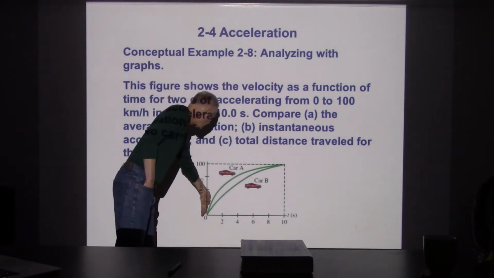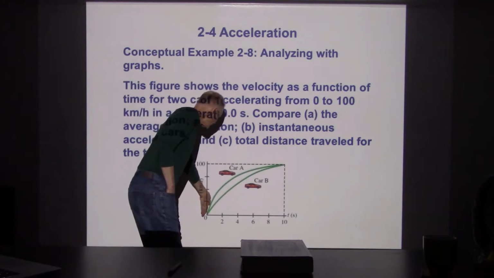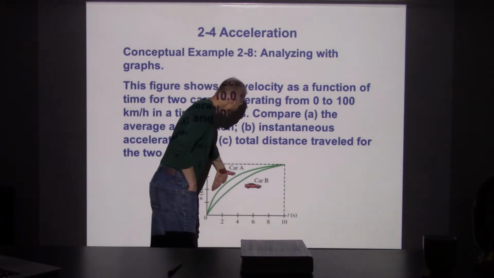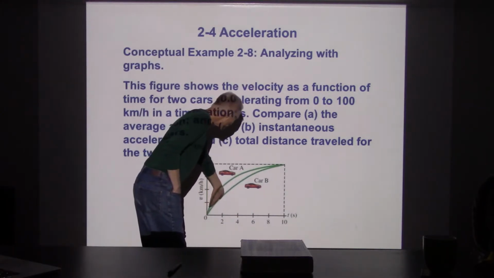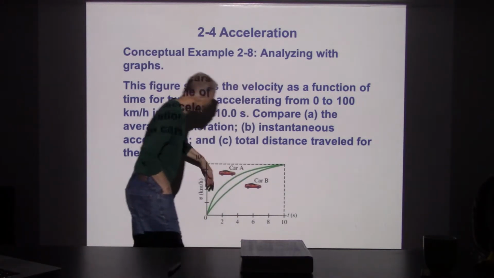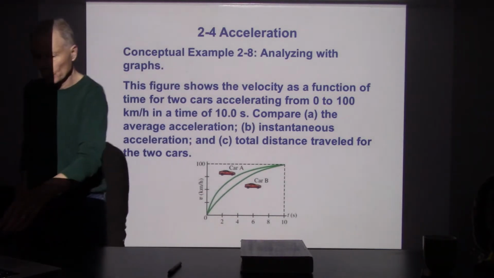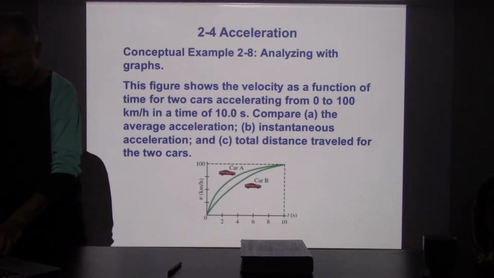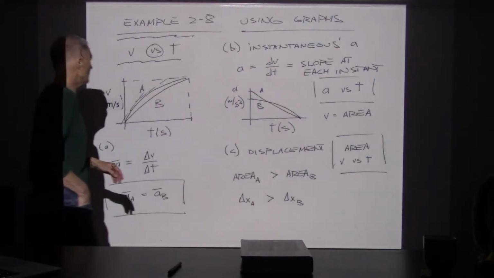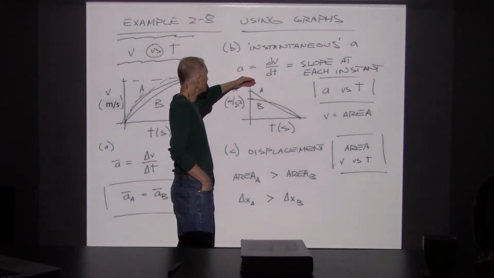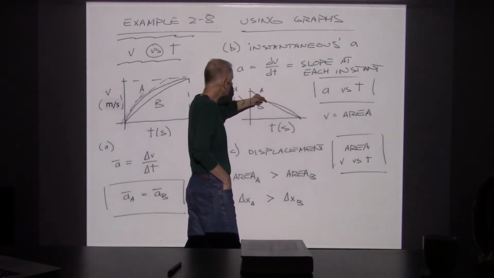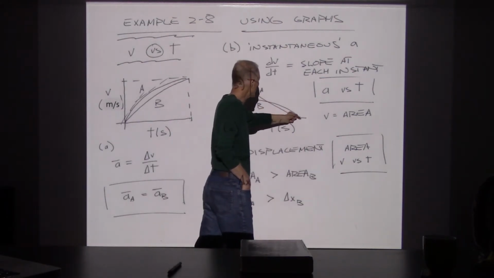So what I did was I said the acceleration for A, first of all, is really, really steep, and then it drops off. Now car B doesn't start off as steep, but it drops off more gradually. So kind of halfway through, the slopes match. That would say that car A started off with the higher acceleration, and then the acceleration dropped off, is the way I wrote this.